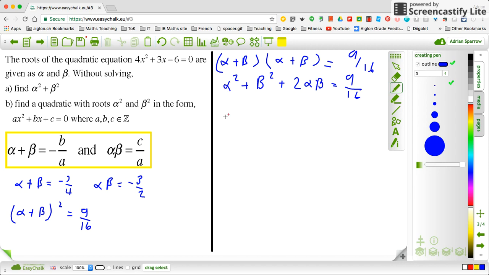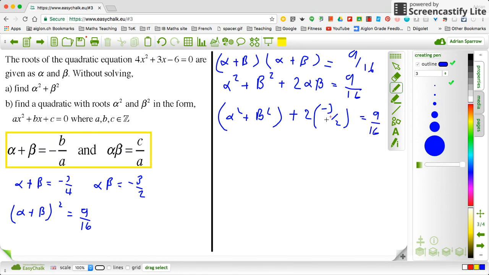And so that is equal to 9 over 16 from that very first property here. So alpha squared plus beta squared, that's what I'm actually looking for, plus 2 lots of alpha beta, which is minus 3 over 2, which is just going to give me minus 3, and that equals 9 over 16.